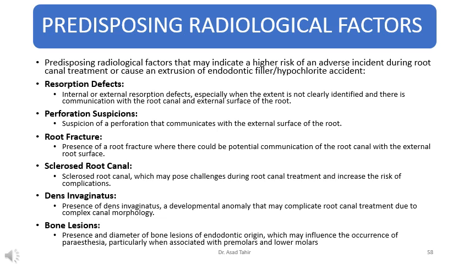Sclerosed root canal, which may pose challenges during root canal treatment and increase the risk of complications. Dens invaginatus: a developmental anomaly that may complicate root canal treatment due to complex canal morphology. Bone lesions: presence and diameter of bone lesions of endodontic origin, which may influence the occurrence of paresthesia, particularly when associated with premolars and lower molars.